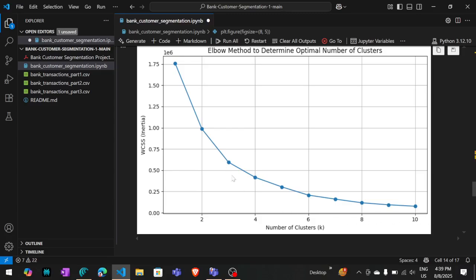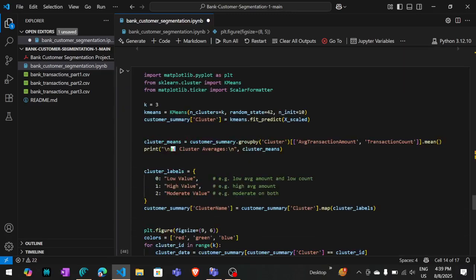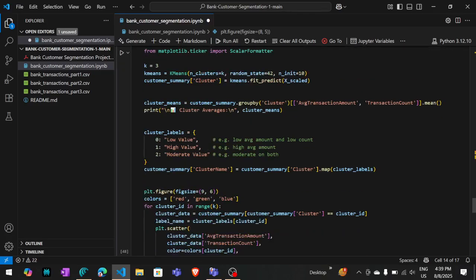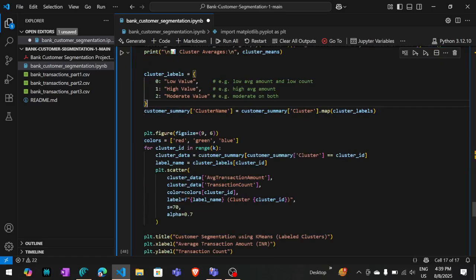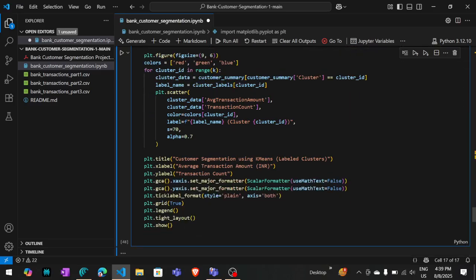So we have taken 3 as the value of k in clustering. After that, I have written the code for k equal to 3, and the three values are low value, high value, and moderate value.